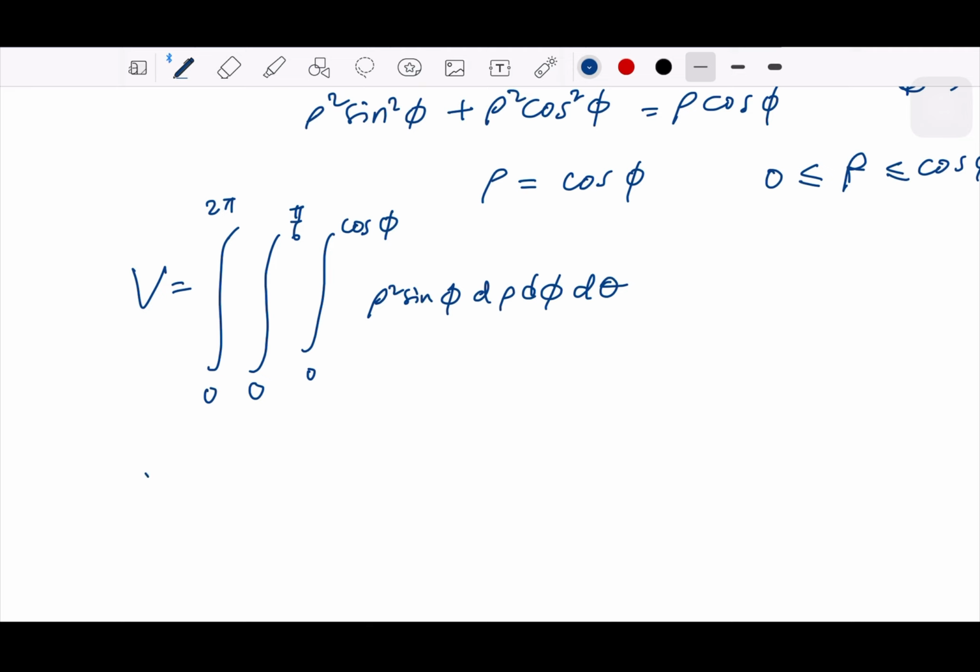Then we can solve one by one: the outside theta, because there is no theta inside, and then we can solve the rho.